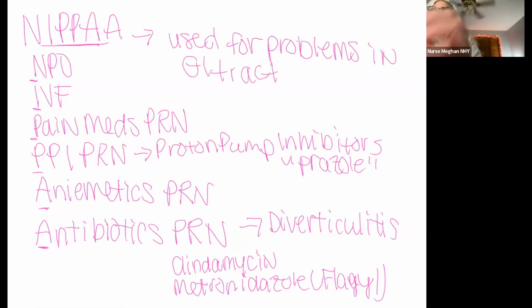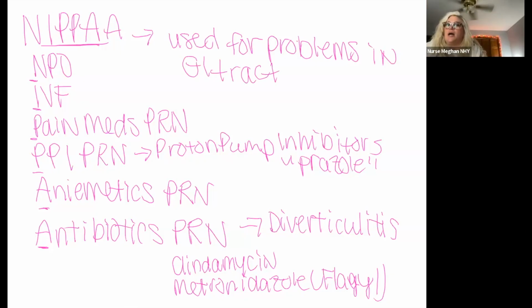So we use it for problems in the GI tract, which can vary depending on what they are. And then again, our N is NPO. We have our patients NPO for two reasons: to rest the gut, to give it a break, and also to possibly prep them for surgery in the event that they need it. They're NPO and they're ready to go.